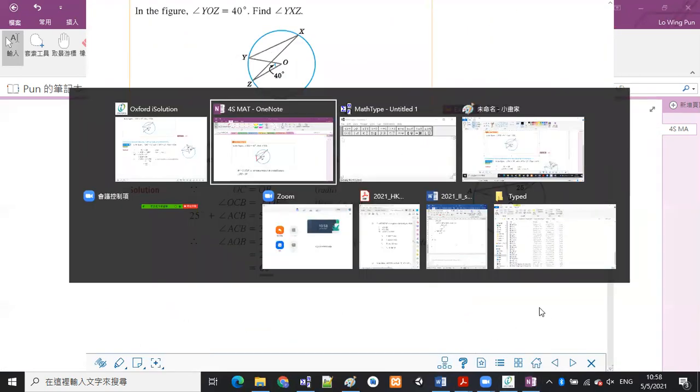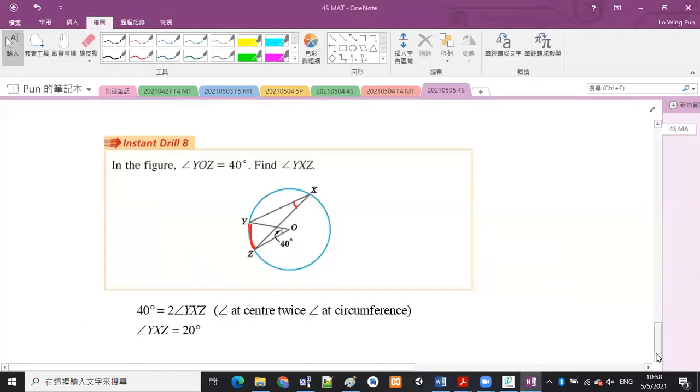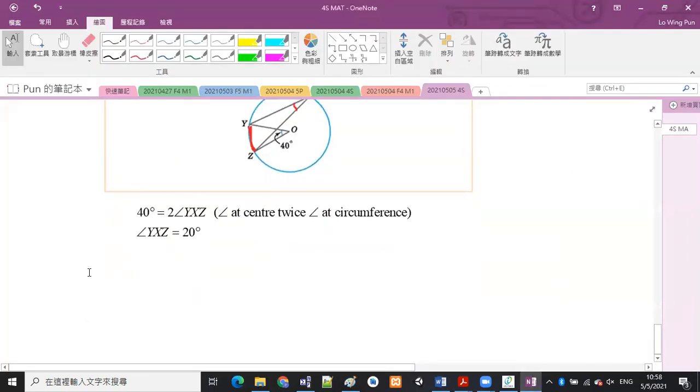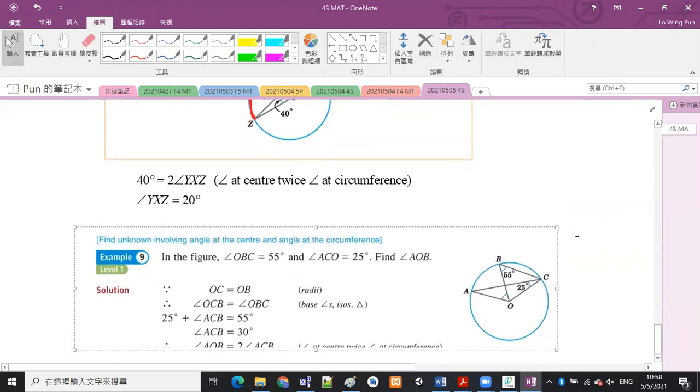Example 9. So in the figure, OBC is 55 degrees, ACO is 25 degrees. Find angle AOB.